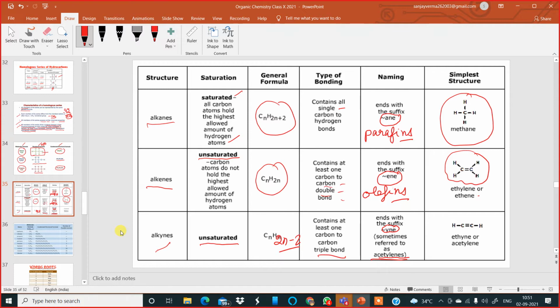Oil forming means like petrol and all. They are oil forming, they are oil like. They form oils when they react with some other elements or compounds. Okay, so this was one classification to make you understand.